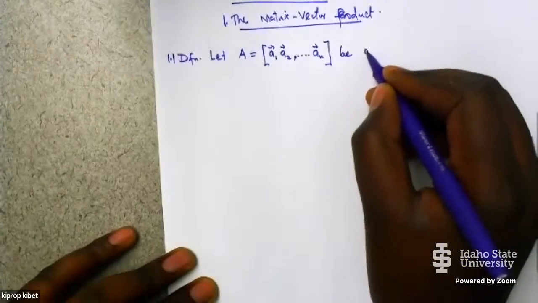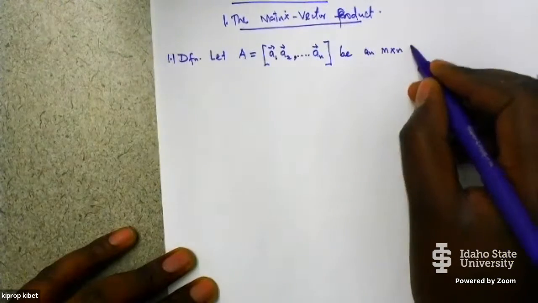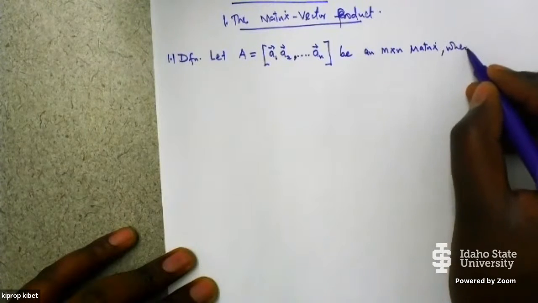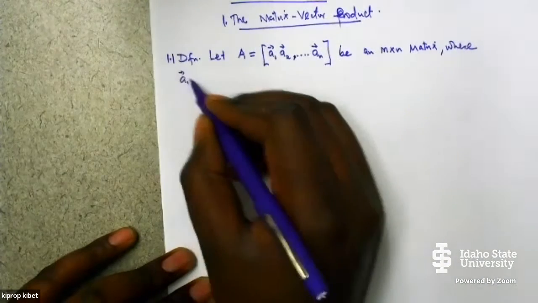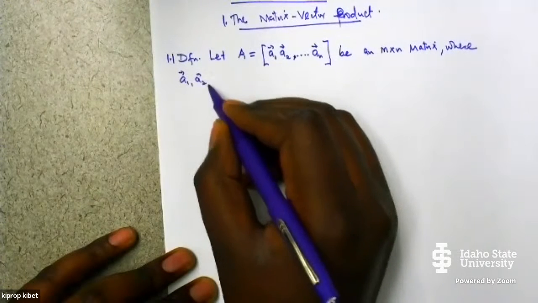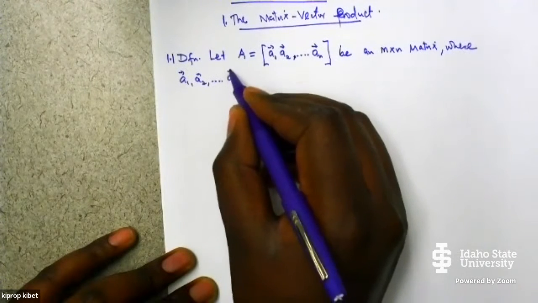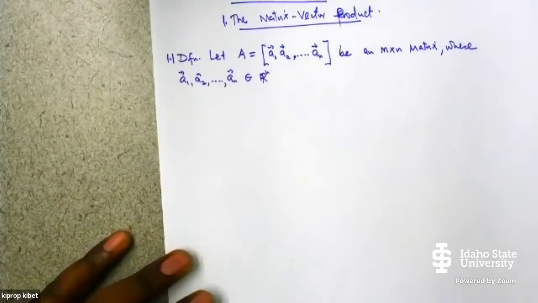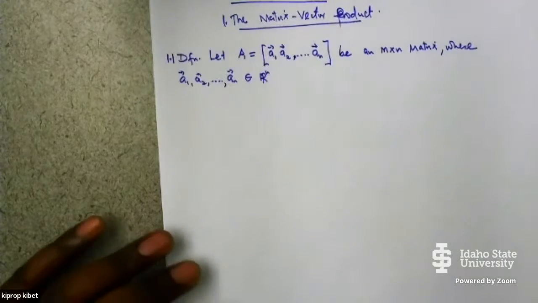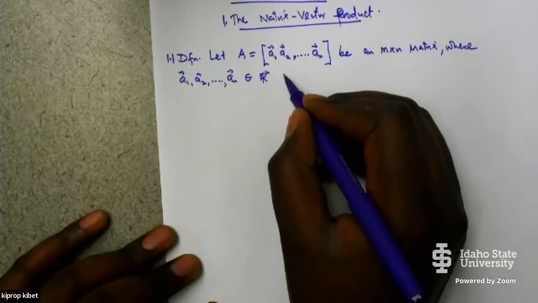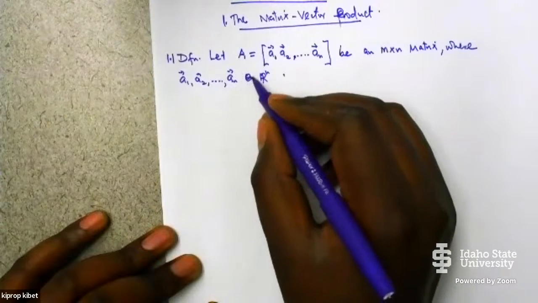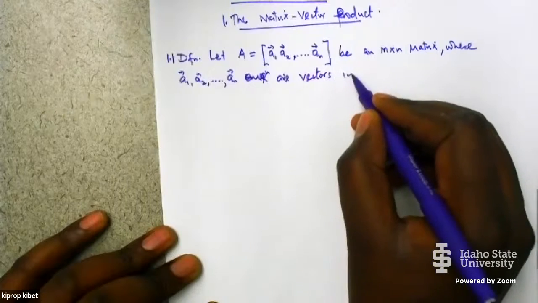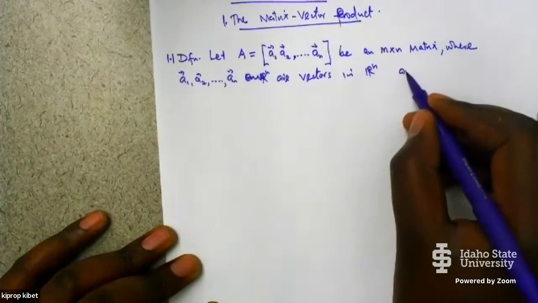It is an m by n matrix, where the vectors A1, A2, ..., An are elements of Rn, which we can say are vectors in Rn.